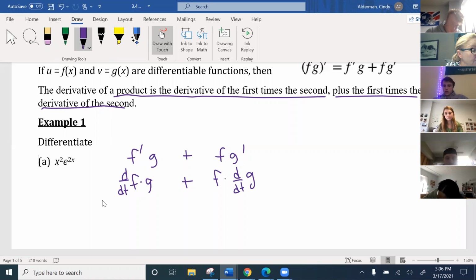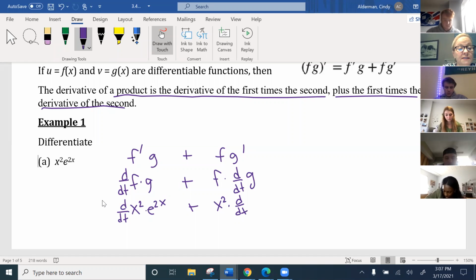Okay, so we have the derivative of f. I won't do this for every example, but let's just be very explicit. So this would be the derivative of x squared times e to the 2x, so we're just going to leave it alone, plus the function f, which is just x squared, times the derivative of g, which is e to the 2x.